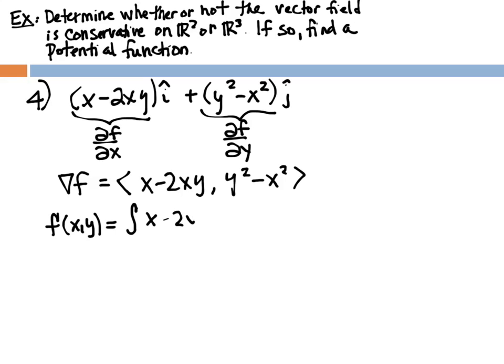We're going to do this one piece at a time. Maybe I should make mention of that. We're going to do this piece first. This will be the integral of x minus 2xy dx.